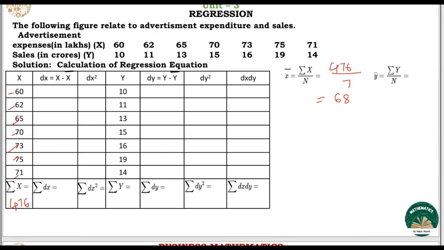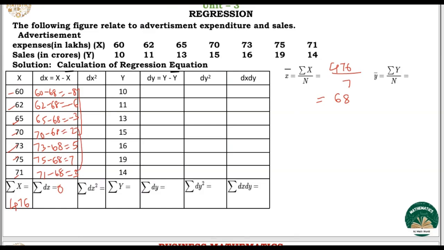Now we subtract: 60 minus 68 is minus 8, 62 minus 68 is minus 6, 65 minus 68 is minus 3, 70 minus 68 is 2, 73 minus 68 is 5, 75 minus 68 is 7, 71 minus 68 is 3. If you add the negatives and positives, we get 0.